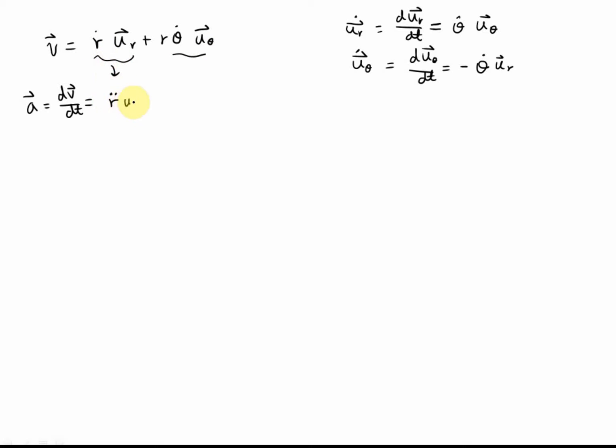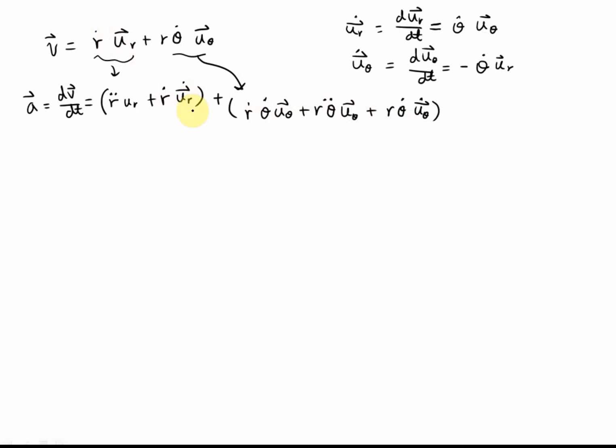So r double dot u_r plus r dot u_r dot. This is the first term, plus the second one. So we have three terms, so this will be a little bit long. r dot theta dot u_theta, r theta double dot u_theta, and then r theta dot u_theta dot.